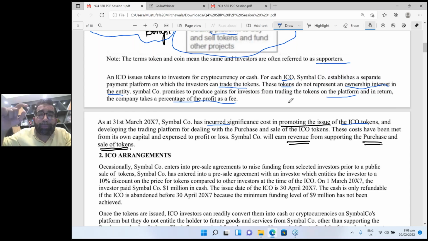One more thing, when you advertise, your internally generated goodwill goes up. And we all know that we cannot capitalize internally generated goodwill.